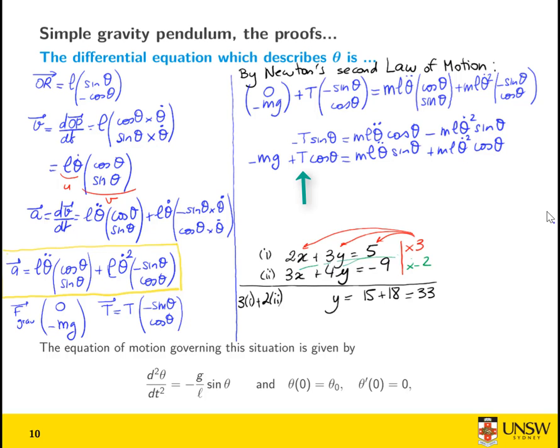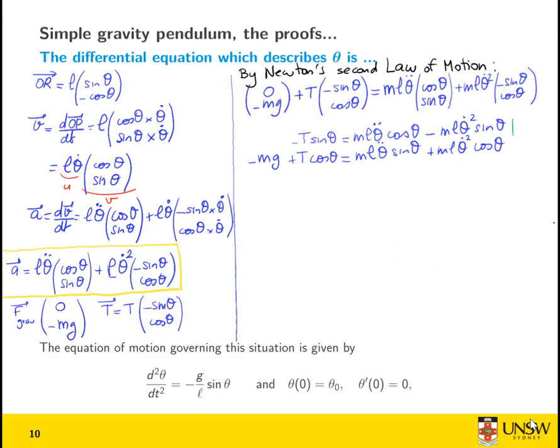Here we're going to do this in order to get rid of t. So we want to multiply the first equation by something, the second equation by something, and then add them such that the t's disappear. So let's choose our coefficients. Here we have a minus sign, and here we have a plus cosine.